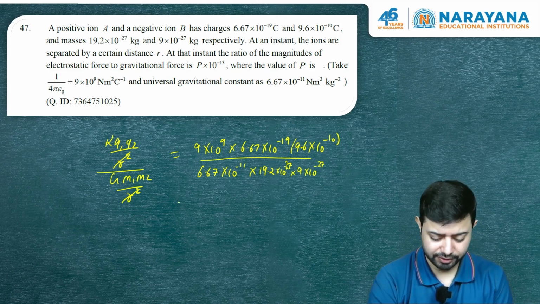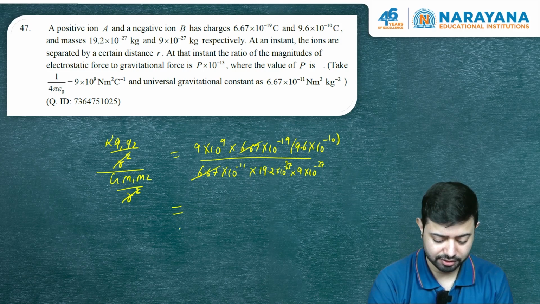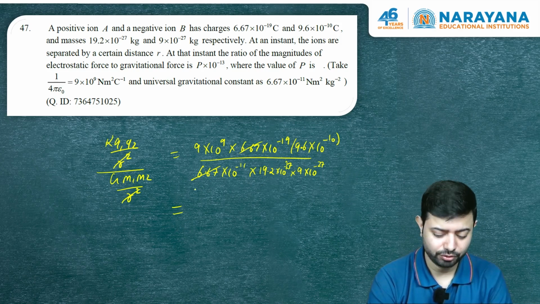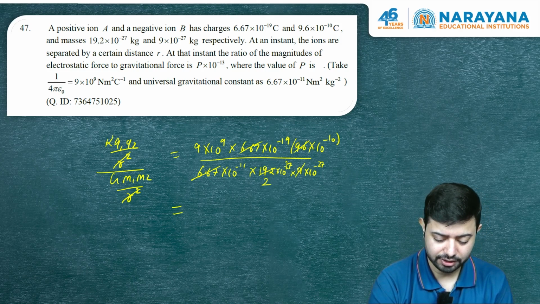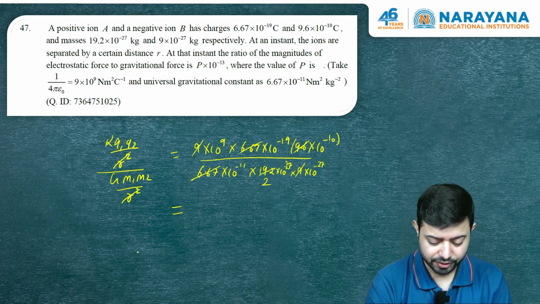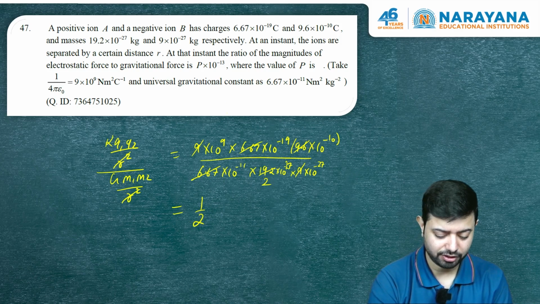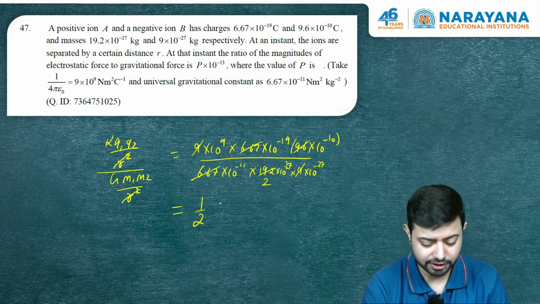Okay. Let us find out this ratio, how much is coming? 6.67 cancelled, then we have 9.6 and 9.6 into 2, which is 19.2 only. So, that will get you 2. Okay. 9 and 9 cancel. So, numberwise it is 1 by 2, and the power of 10 is how much? 10 to the power 9 in numerator, 10 to the power minus 19 and 10 to the power minus 10.